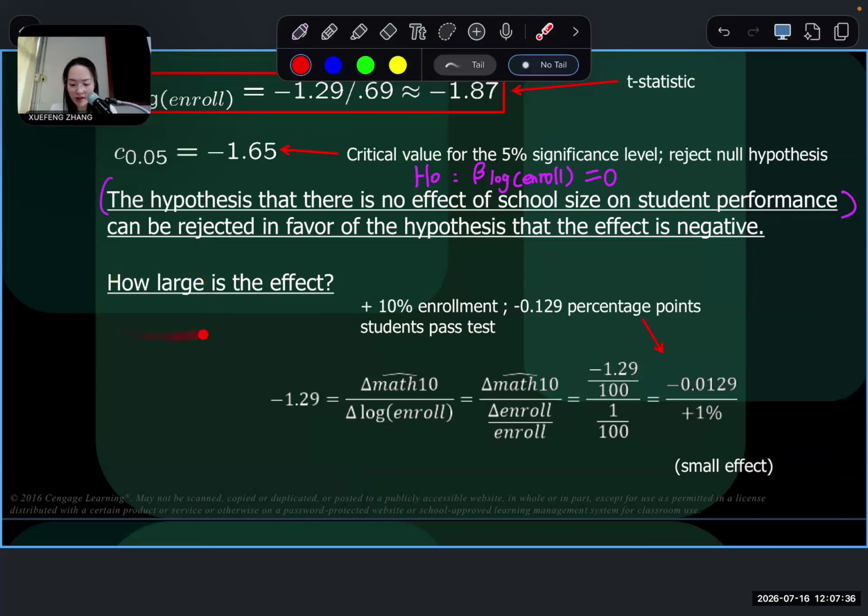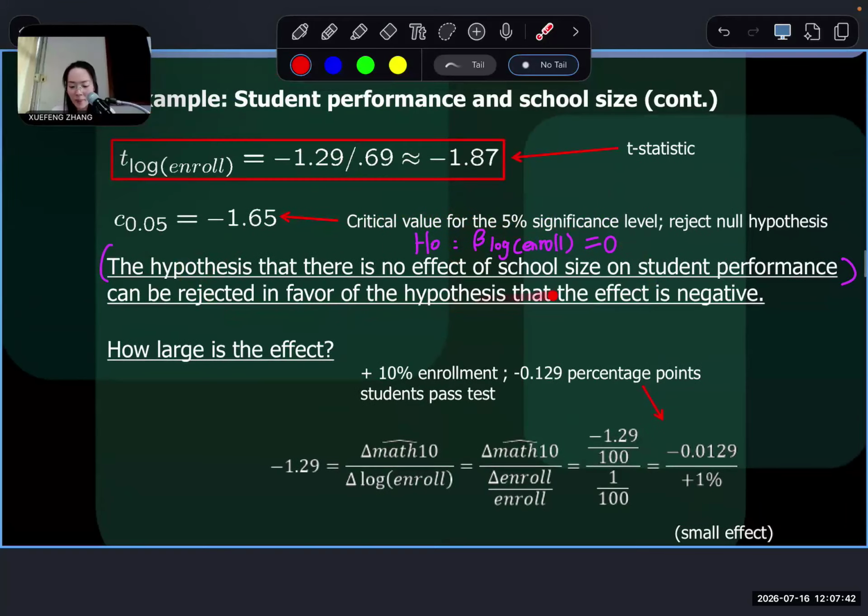Next one, how large is the effect economically? Because basically, we did the hypothesis testing statistically, okay? But how about economically, how large is the effect? So the coefficient is negative 1.29, right? It comes from delta math hat over delta log n rho, okay?